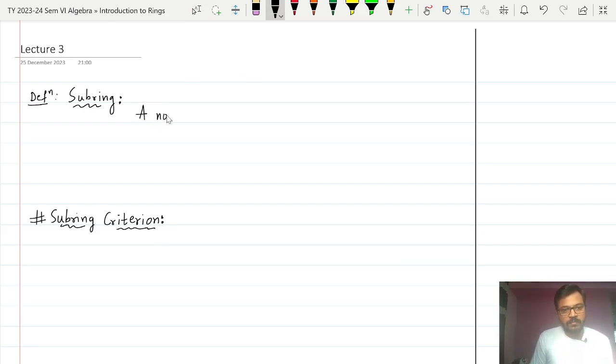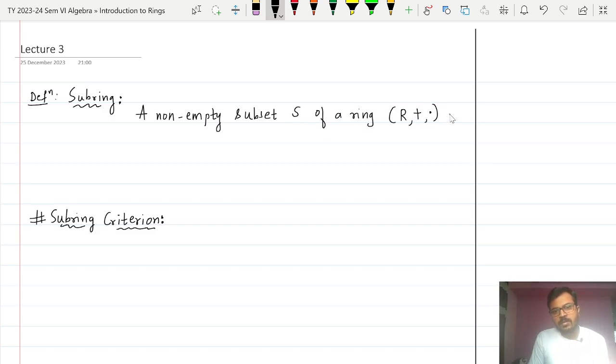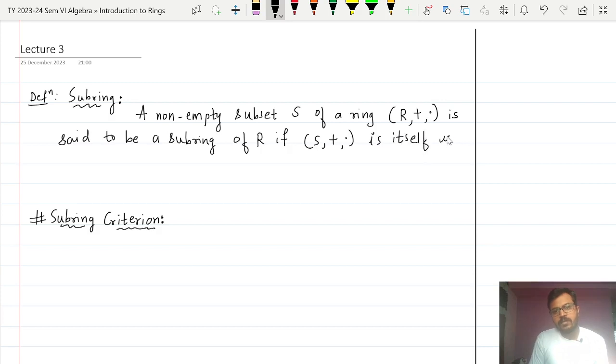A non-empty subset, let us call it S, a non-empty subset S of a ring (R, +, ·) is said to be a subring of R if (S, +, ·) is itself a ring.